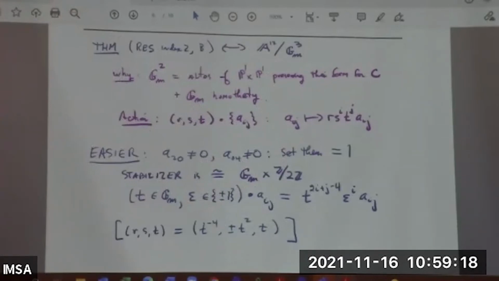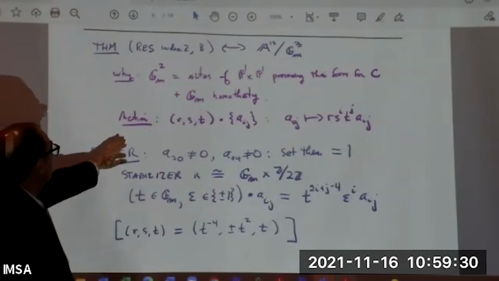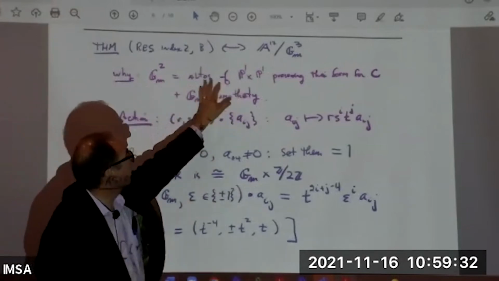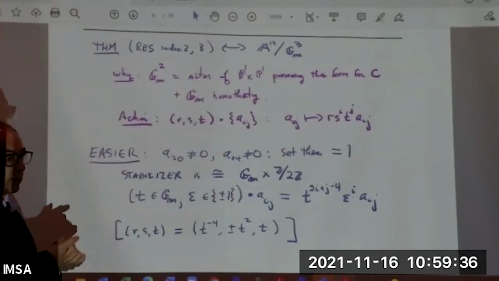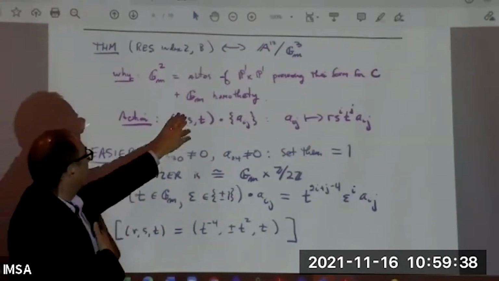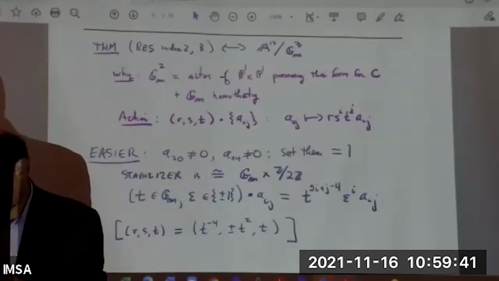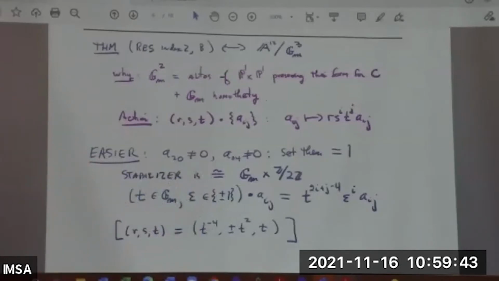So it's just an open subset of that, because we have the requirement that certain things cannot be zero. And like I said, the G_m squared are automorphisms coming from automorphisms of P1 cross P1, preserving that form of the coefficients, and then a third G_m from the homothety of the overall equation.